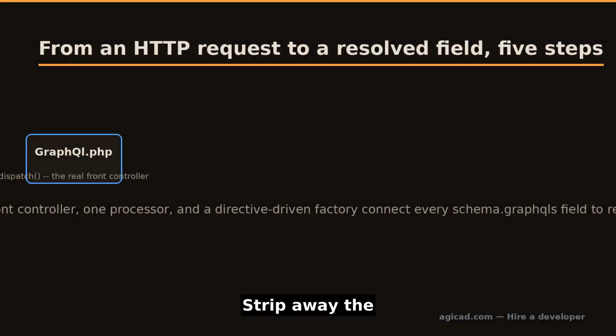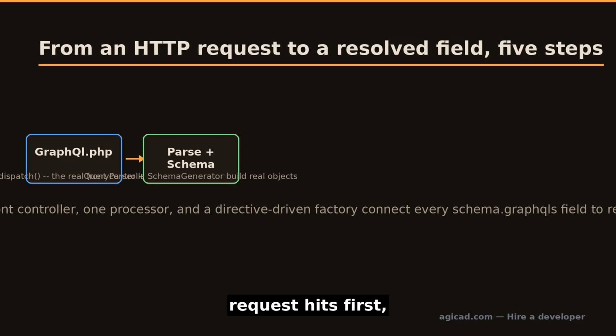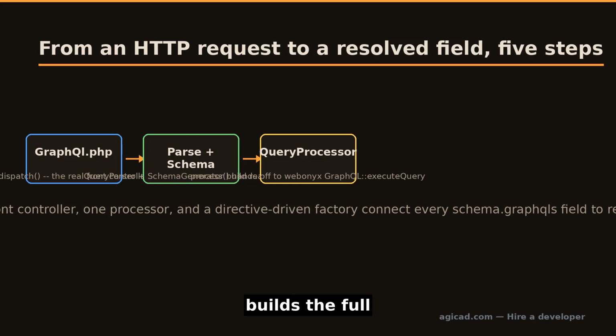Strip away the code and every GraphQL field resolution goes through 5 stages. GraphQL.php, the real front controller every request hits first, whatever the query actually asks for. Parse and schema: a real query parser turns the request body into an AST, while a real schema generator builds the full type system from every module's schema.graphqls file.